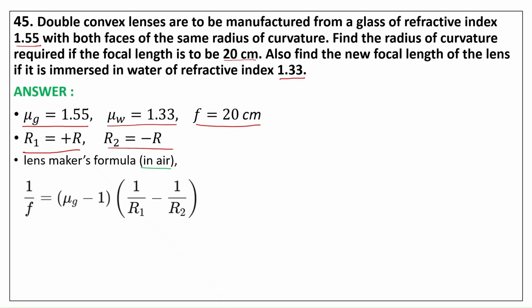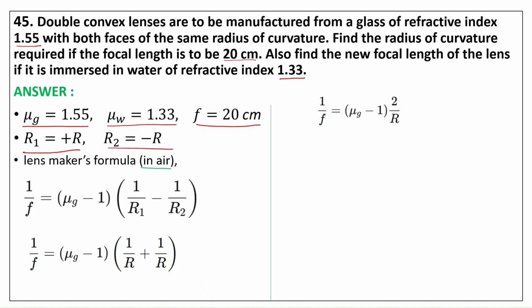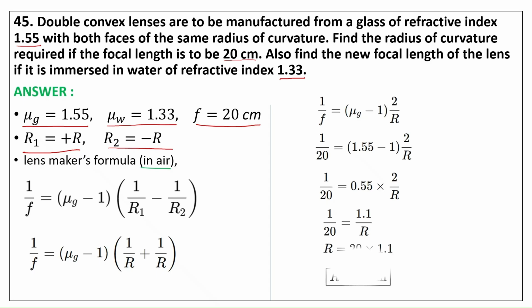Substitute R1 and R2 in the above equation, we get 1 by F is equal to mu G minus 1 into 2 by R. That is, 1 by 20 is equal to 1.55 minus 1 into 2 by R. Next, 1 by 20 is equal to 0.55 into 2 by R. That is, 1 by 20 is equal to 1.1 by R. On cross multiply, we get R is equal to 20 into 1.1. Therefore, R is equal to 22 cm.